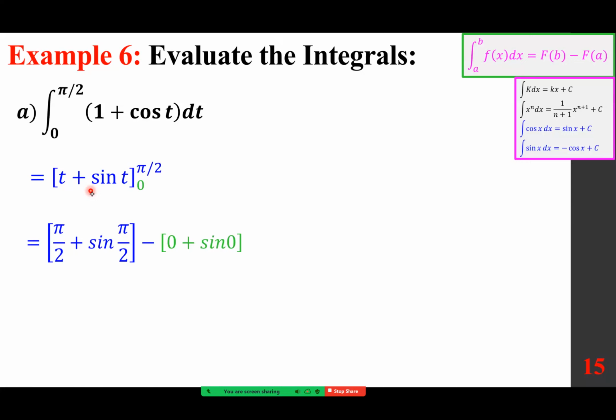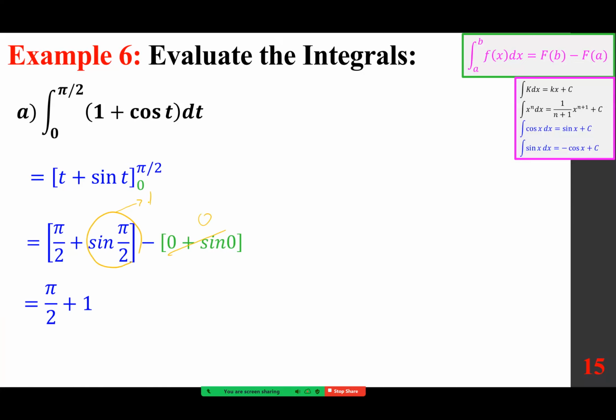Plug in. This is 0 because sine of 0 is 0. So you have pi over 2 plus sine of pi over 2, which is 1.